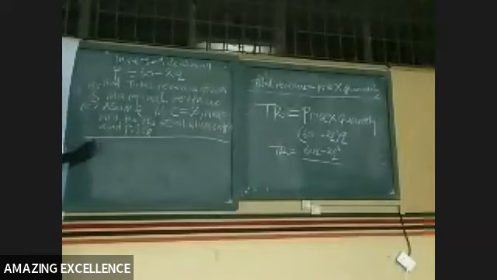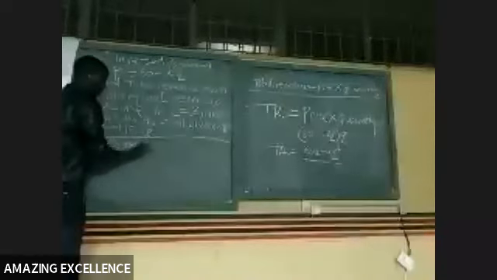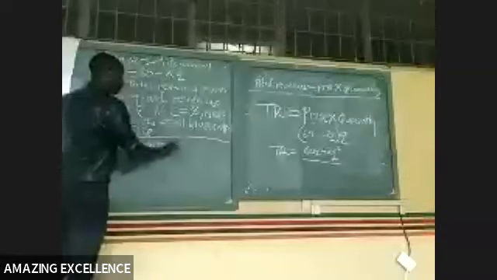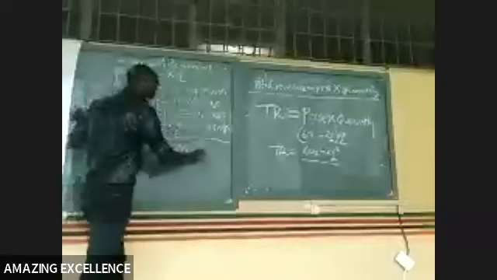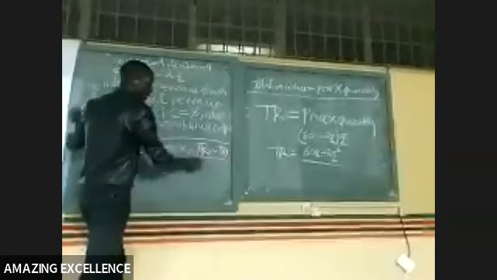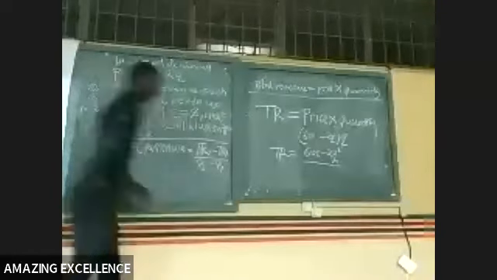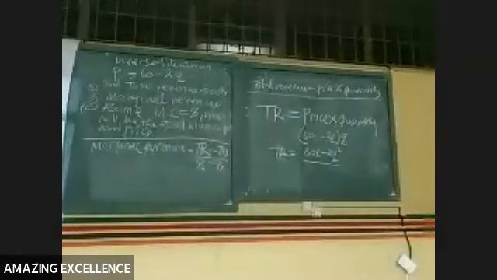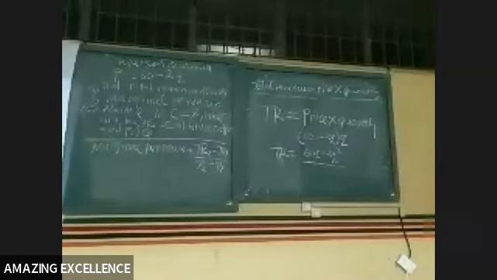So marginal revenue will be given as total revenue 2 minus total revenue 1, all over output 2 minus output 1. This is for normal mathematics or arithmetic.